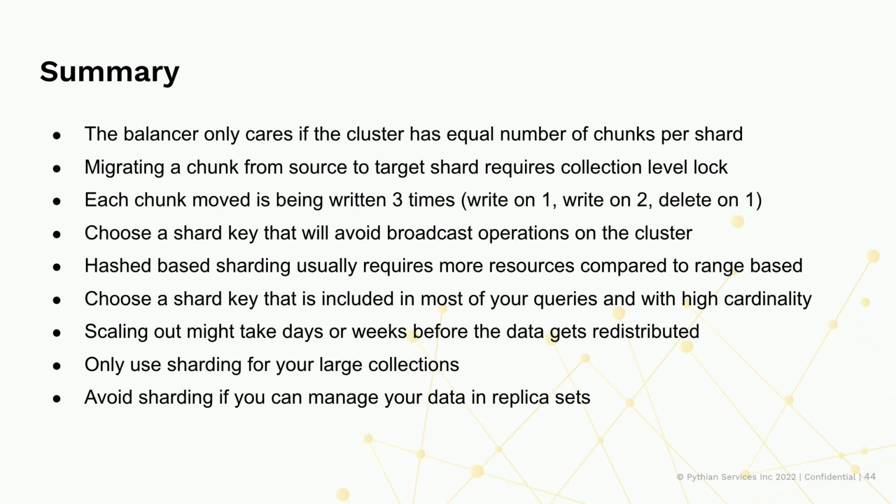Ideally, that should be 0. If you know how to pre-split your data, that would be ideal, to not even include rebalancing. Always try to choose a shard key that will not do broadcast operations on your cluster, meaning it should target a single shard at times. Choose a shard key that is included in most of your queries and has high cardinality.